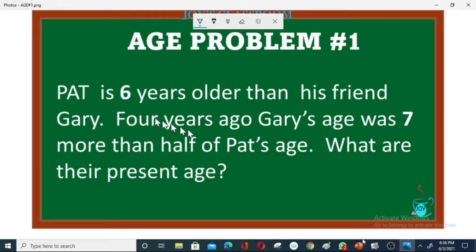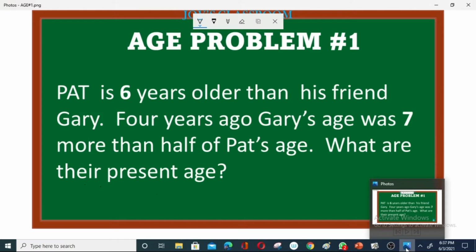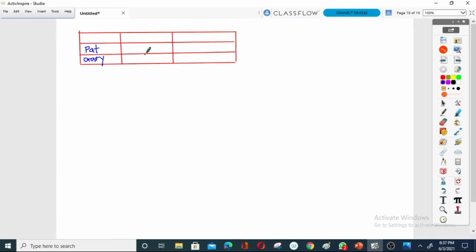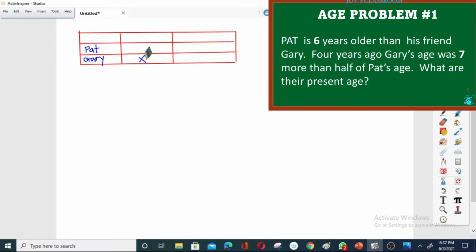So Gary will be our X. Again, in other words, the person that is not described in the problem, we will assign the variable X to him. So in this case, Gary, because Gary is not described in the problem, will be the X. So this column is always the present age.